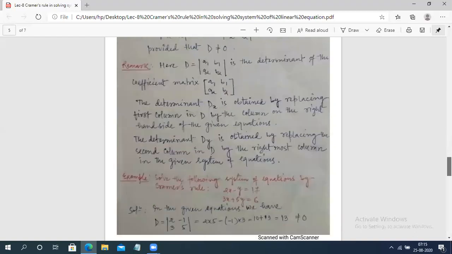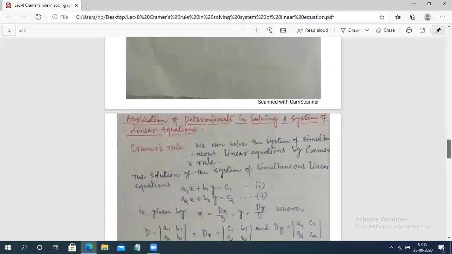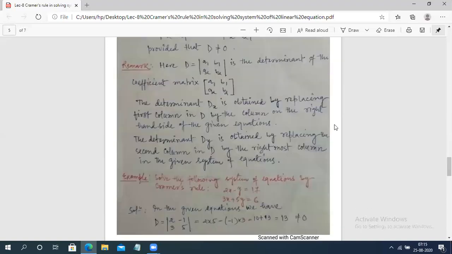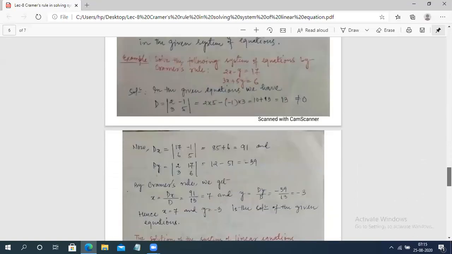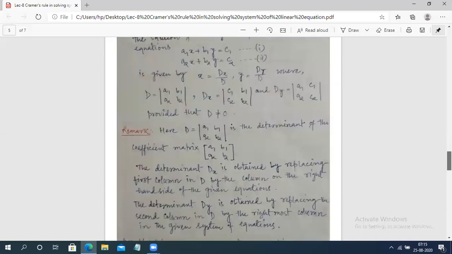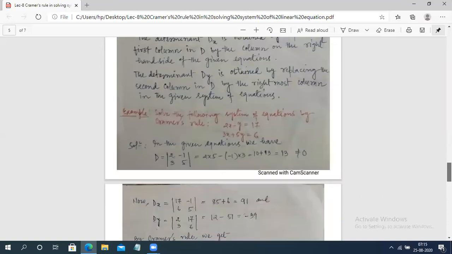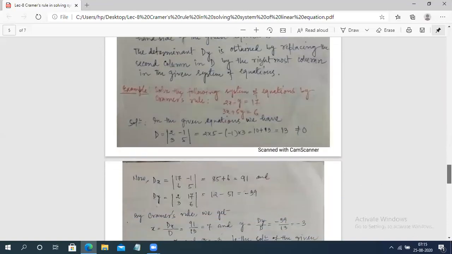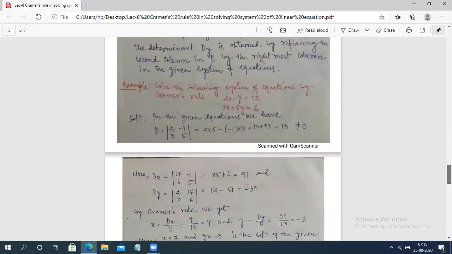And the determinant dy is obtained by replacing the second column in D by the rightmost column in the given system of equations. Rightmost column means the constant terms on the right hand side.